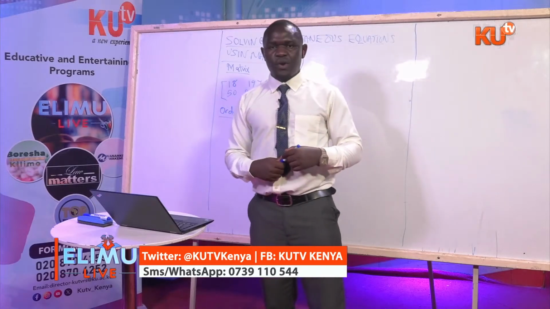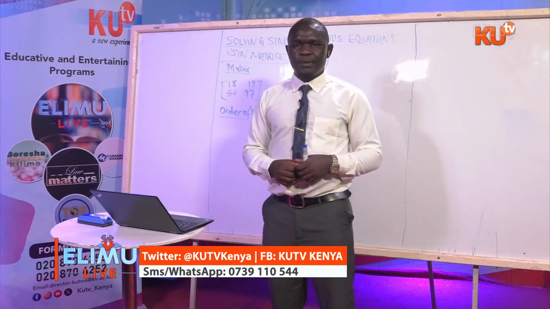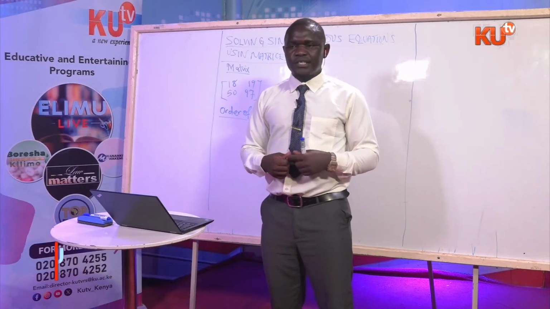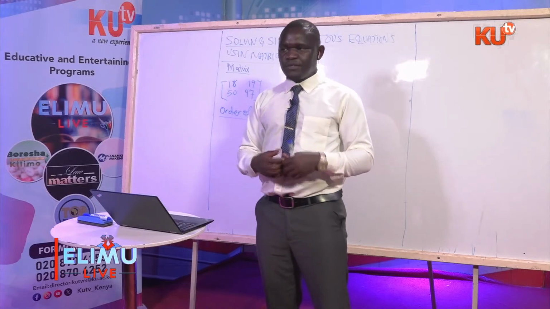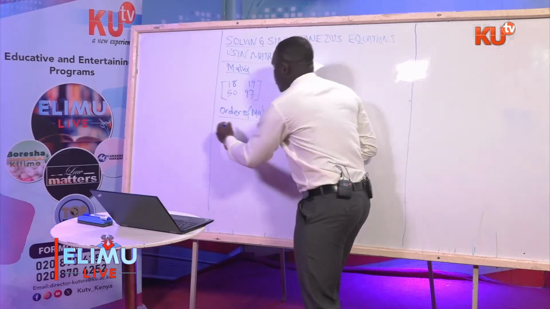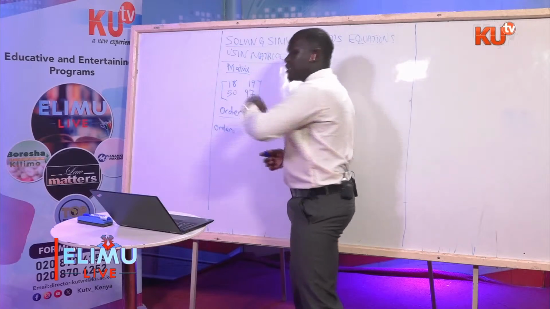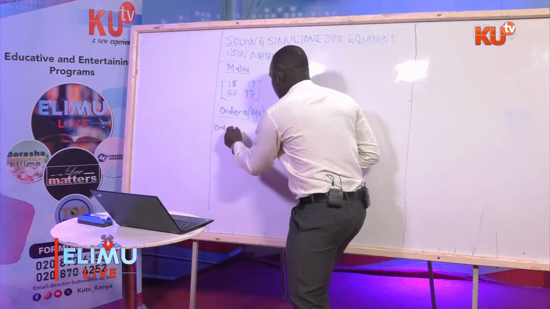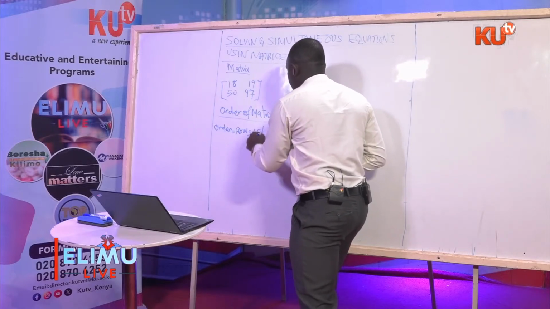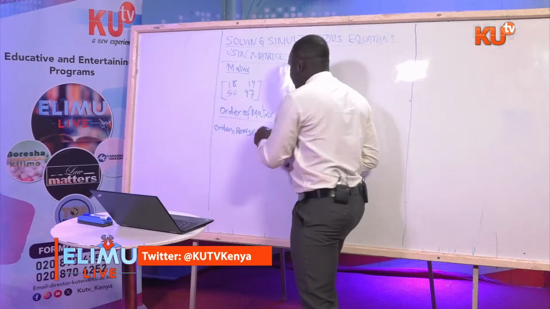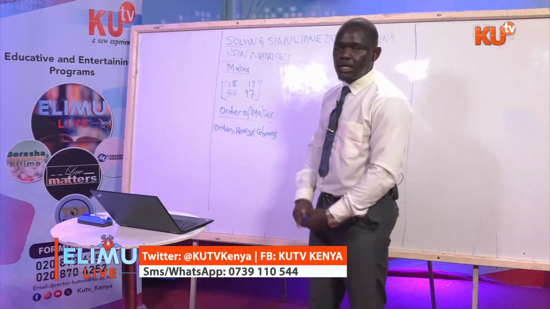You look at your matrix, look at how many rows it has, then look at how many columns it has. The rows and columns give you the order of a matrix, normally given by rows times columns.